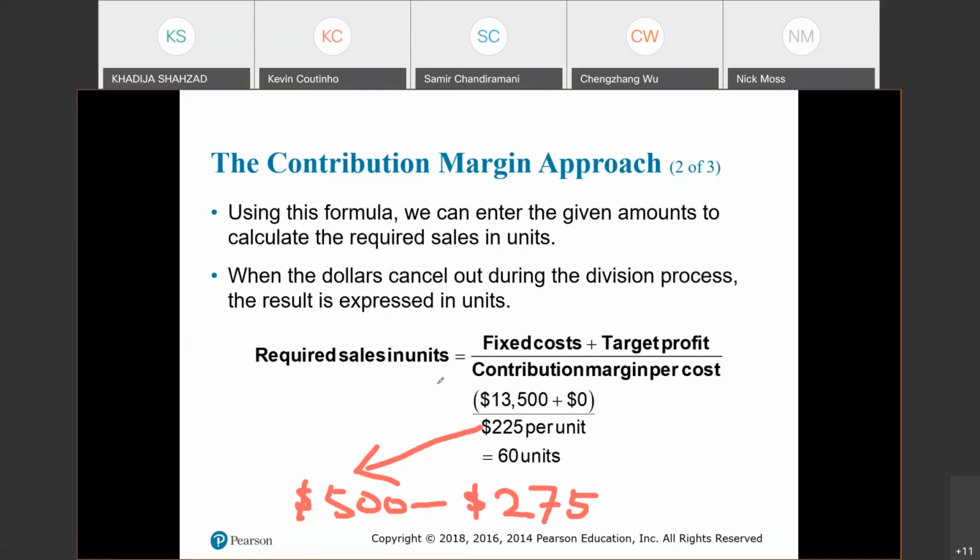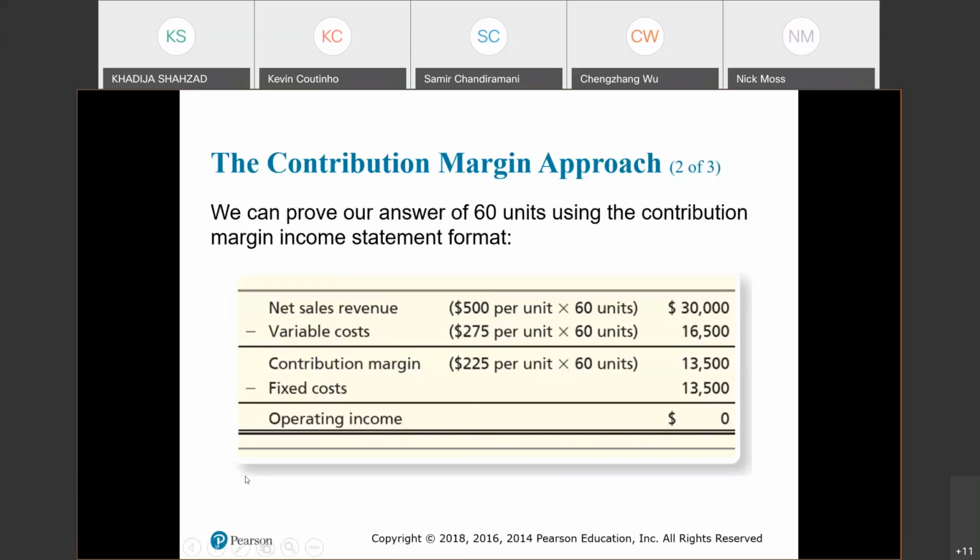Okay, using the contribution margin approach, we can get the same amount of units at the break-even point, 60 units. Well, let's see the third approach, which is the contribution margin ratio approach.